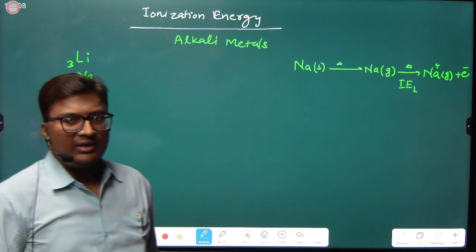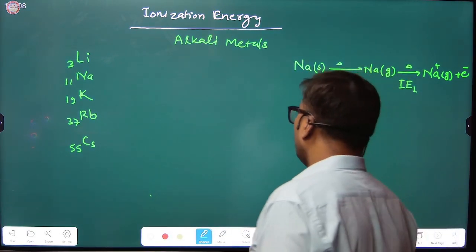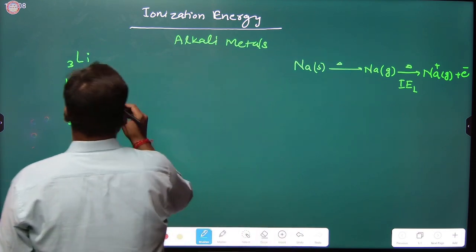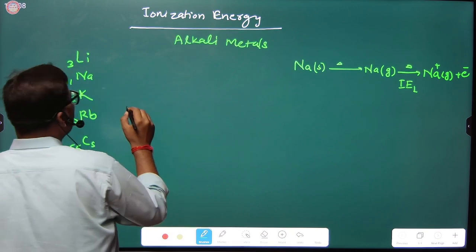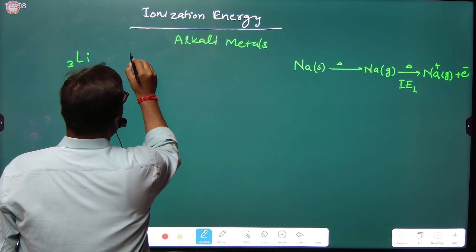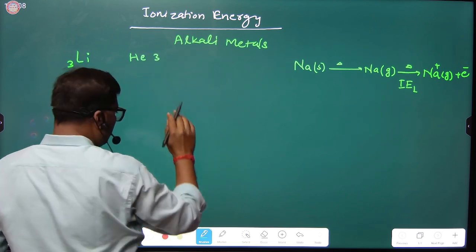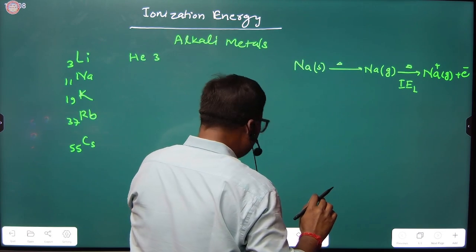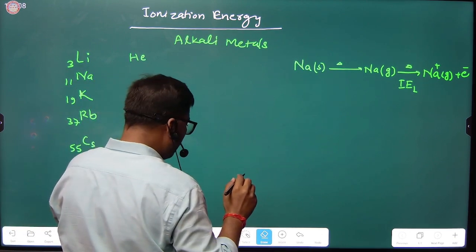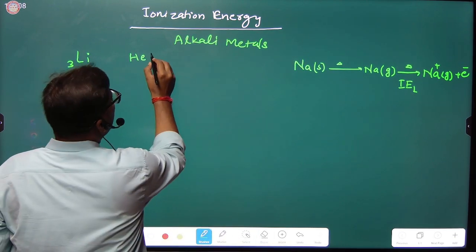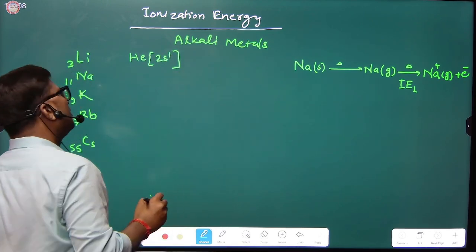If you talk about the electronic configuration of the alkali metals, the outermost electronic configuration for lithium is helium plus 2s1.